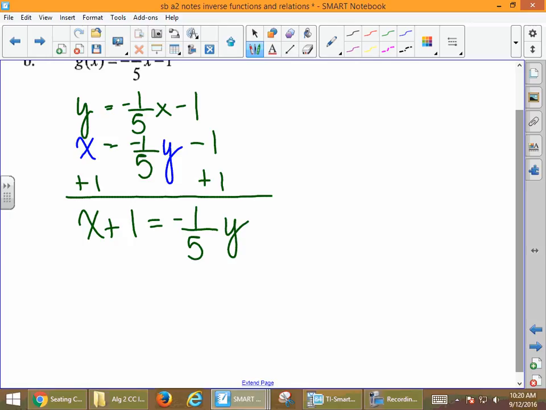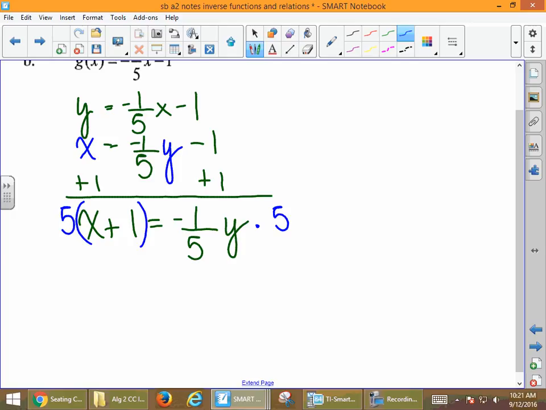But an easier way to solve this, especially if you don't have a calculator, is to multiply this side of the equation by 5, which is from the denominator. And if we multiply the right side of the equation by 5, we also must multiply the left side of the equation by 5. Notice that it's every part of the left side of the equation by 5.